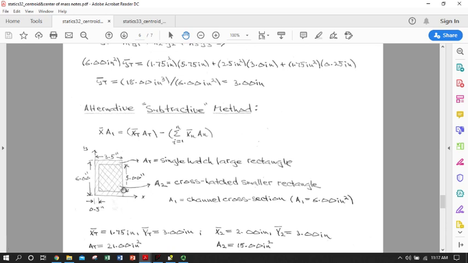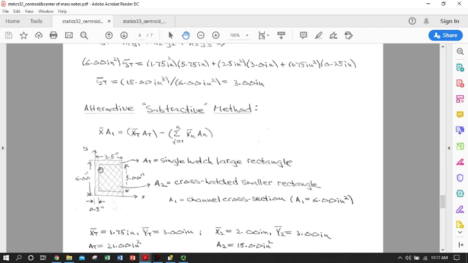the single hatched large rectangle, as a total, and that would be 3.5 inches by 6 inches, and it would have, say, its x centroid at 1.75, and that would be this term, the whole big square.